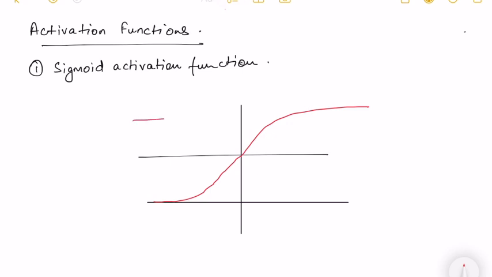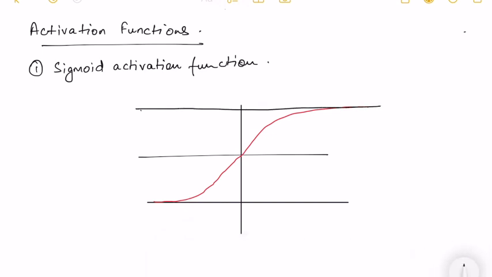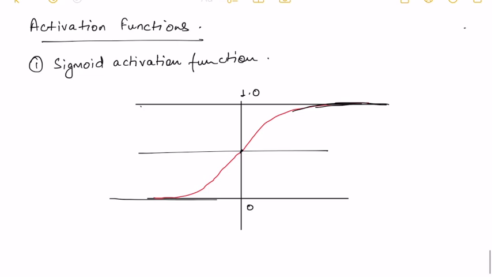right? And this is sort of thresholded at the value 1, right? So it doesn't go above it, it just sort of touches this value between 0 and 1, and this is where it intersects with the y-axis, and this point is 0.5, right?